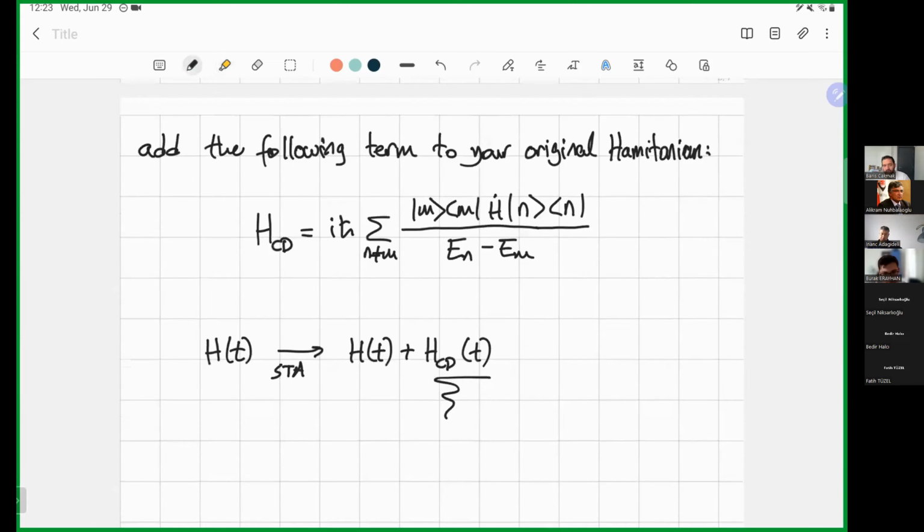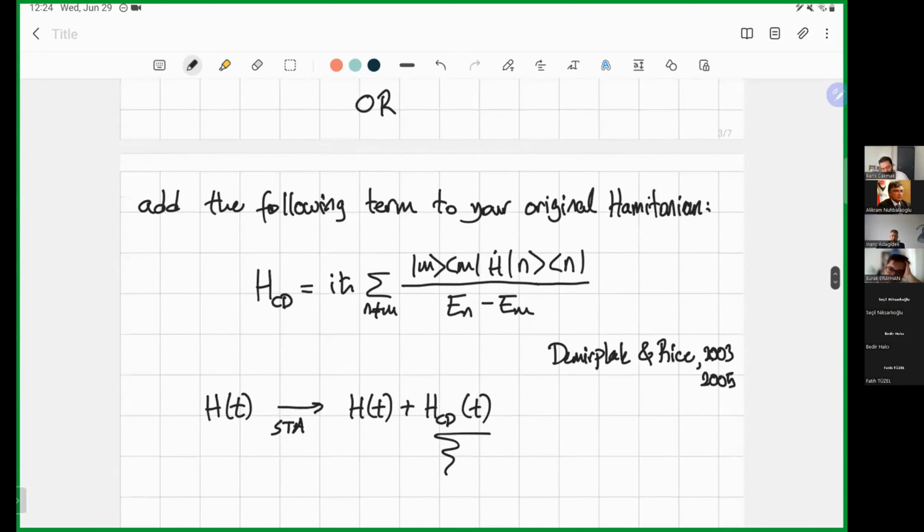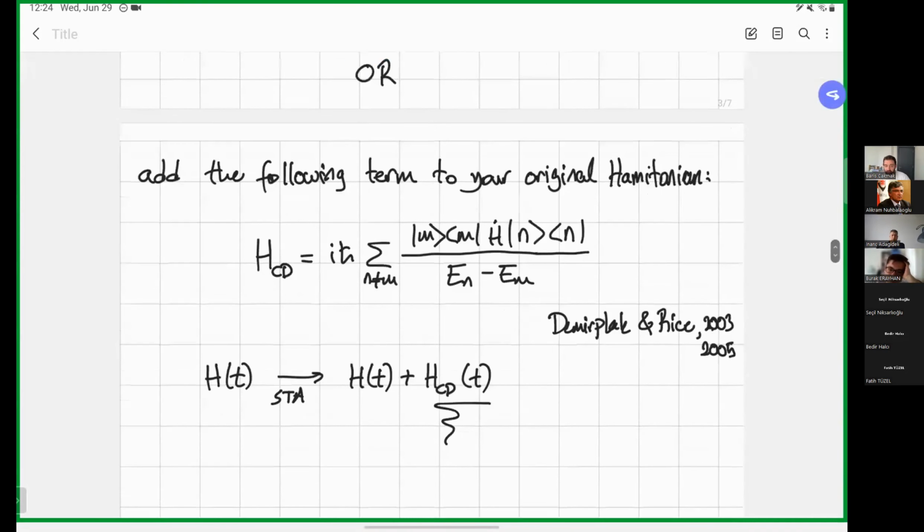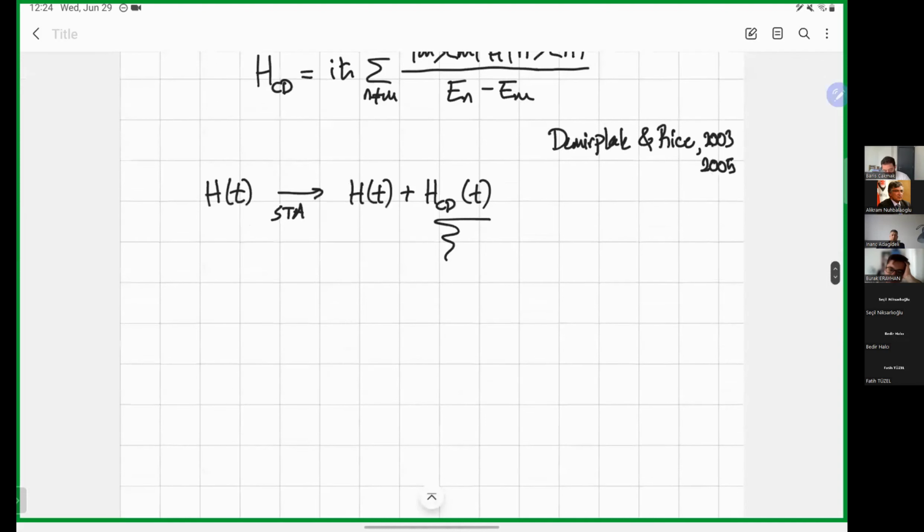This term was introduced, in another context, by Demirplak and Rice in 2003 and 2005. They were dealing with some adiabatic passage problems. That's the first time they came up with this expression, in 2003, and also in another paper in 2005, after realizing that it has the effect of keeping us in the adiabatic limit at all times.